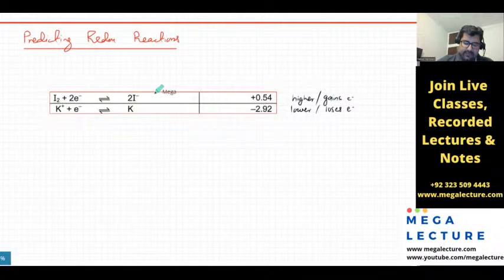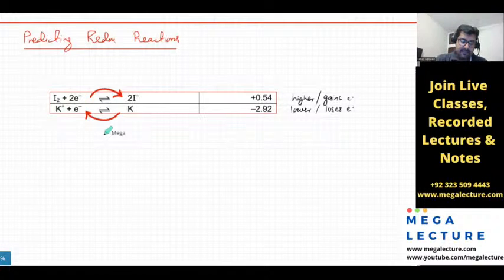That means the first equation would go in the forward direction. It's going to gain electrons. And the lower one, relatively the lower potential, loses electrons. So this one would lose electrons. And that's it. You figured out that if you put iodine and potassium together, you now exactly know who gains electrons, who loses electrons. That's about it.